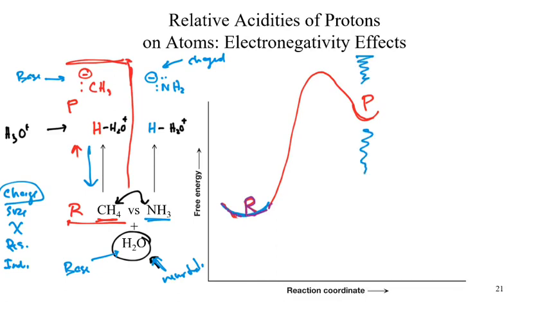Okay, well, let's compare again those two species. They're both charged, but is that charge going to be a different energy in this case? Well, yeah. Why is it different? Okay. Nitrogen is more electronegative than the carbon, which means it's going to stabilize that negative charge significantly more than the carbon will.